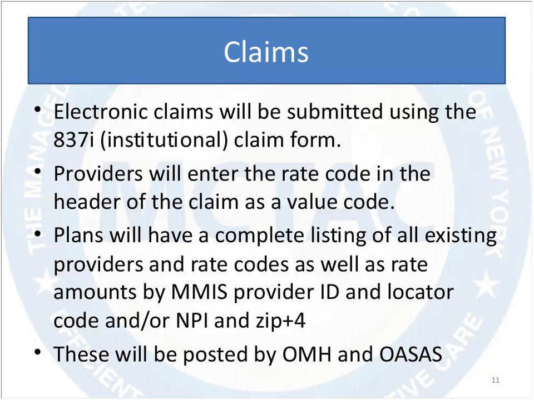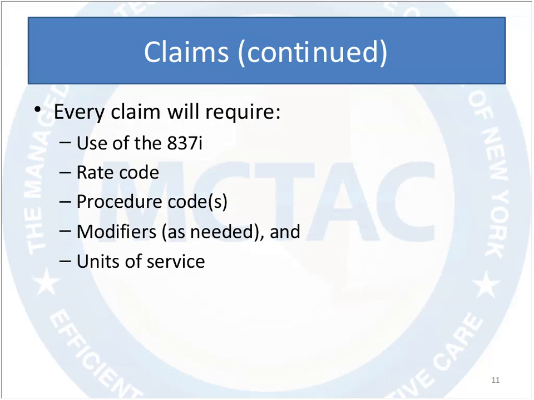We are recommending that all providers take a look at that file, make sure that their information is in there correctly. That's the information that's going to be provided to the plans. These are posted on the OMH and OASIS website. So for electronic claims, we'll be using the 837I. You'll need to have a rate code, a procedure code, modifiers as needed, and units of service.